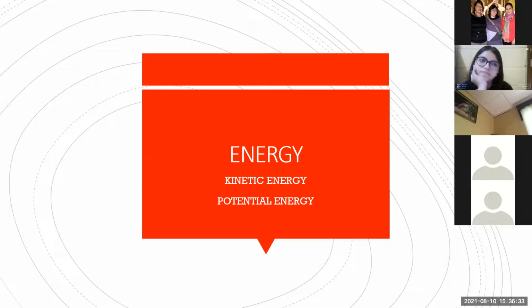When you read the word kinetic, what is the first thought that goes to your mind? Movement. Friction. Yeah, it could be. It can be friction. Any other thing that goes to your mind?